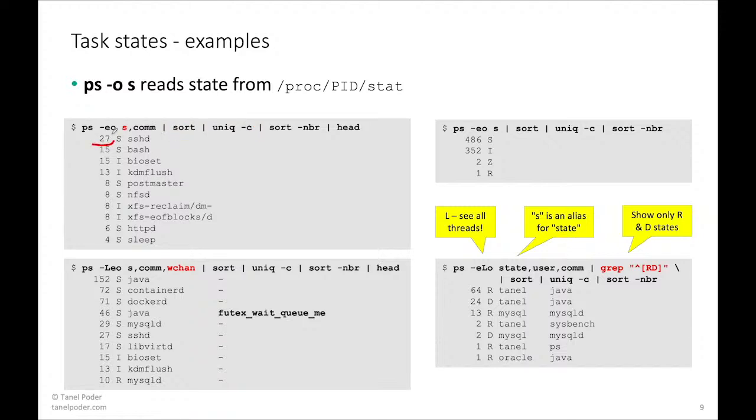We have 27 processes in this case who happen to be in sleep state by this program, sshd. And this is like an ORDER BY, show me the biggest number of processes first, and this is like LIMIT 10. It's like very poor man's SQL. Unix sysadmin SQL, essentially. Okay, and here I've done something similar with capital L. That's what you should do as well.